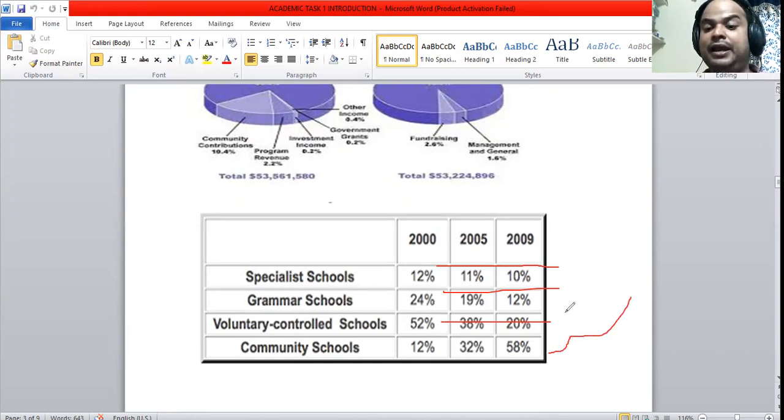So you can say three decreases and one increase. Definitely a change is there. I can say it has increased dramatically, tremendously, or minimally.